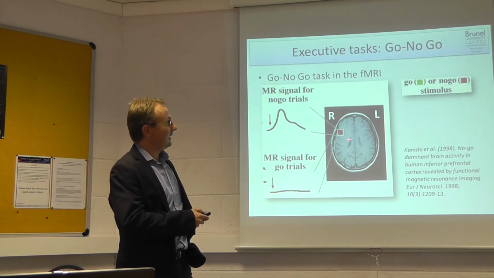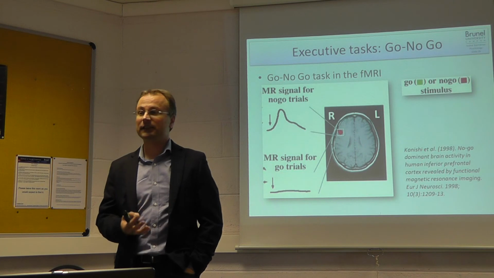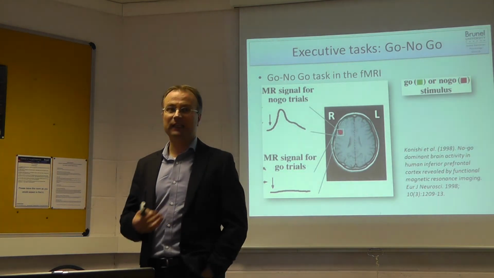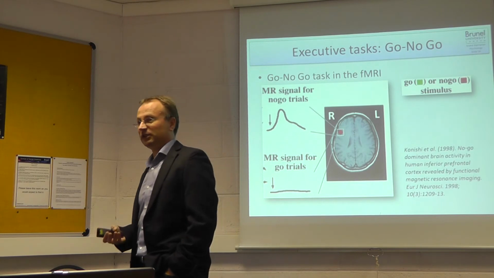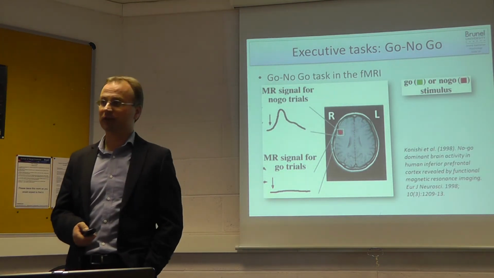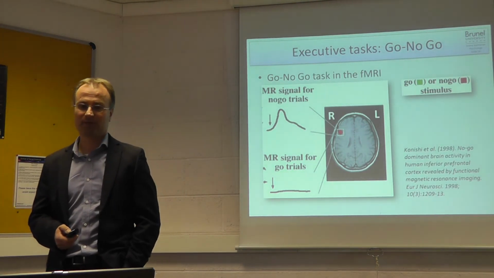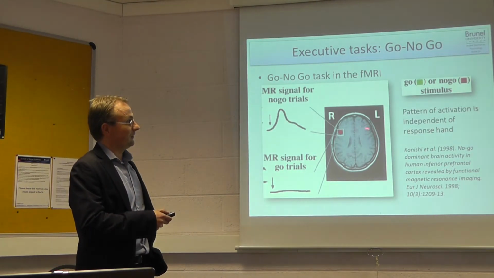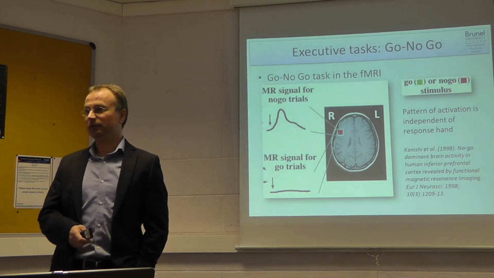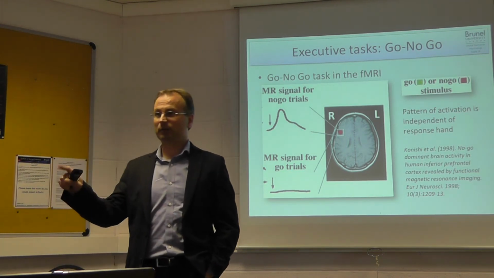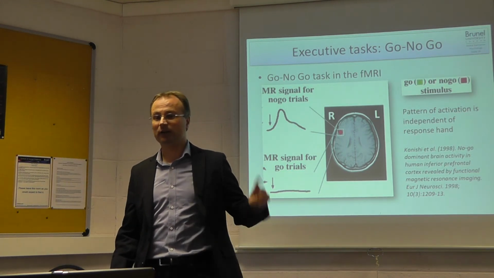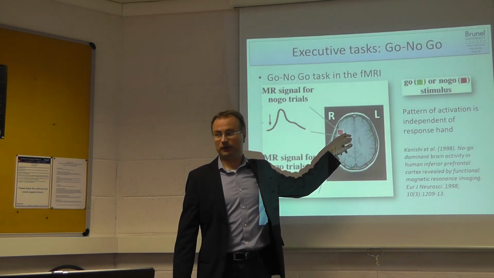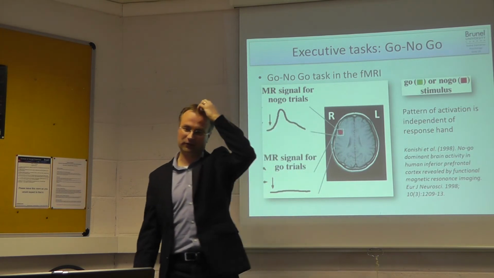So it's assumed that the right inferior frontal gyrus is associated with inhibition, in particular inhibition of responses. This lateralization effect is independent of response hand. No matter whether people do the task with the right or left hand, this no-go related activity is always in the right hemisphere. So it's not as simple as that.